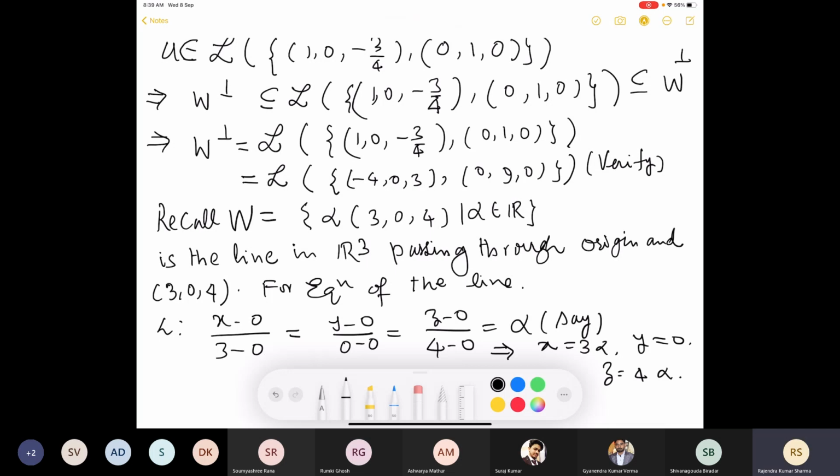So and W orthogonal. What is W orthogonal? So this is one typical point (3, 0, 4) if you want to see when you put alpha as 1.